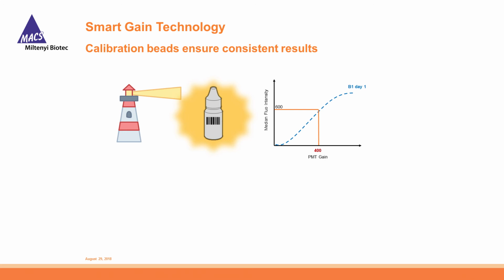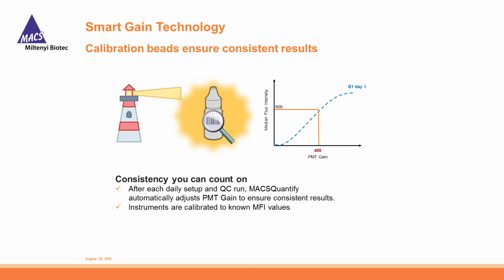And when you scan a calibration bead into your device, it's recognizing those values and it's able to provide that to the instrument so that it knows the correct mark from day to day, from lot to lot, etc. What this means from an instrument setting standpoint is that if, at the start of an experiment, you're measuring your calibration bead, let's say at a gain of 400 with an MFI of 600, if there's any changes over time, again, that are encoded through these calibration beads, we can address that with this Smart Gain technology.